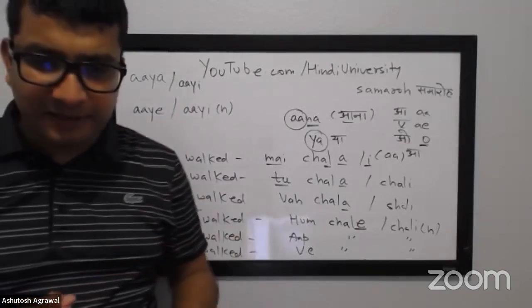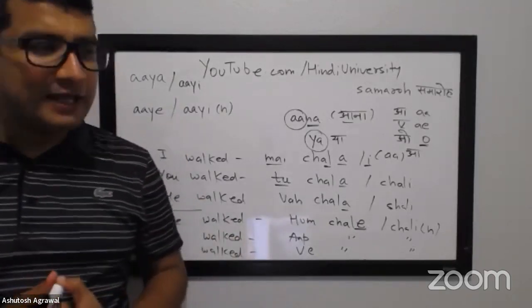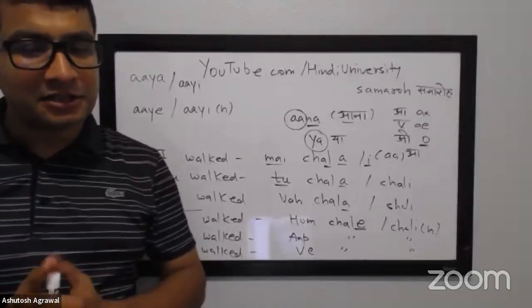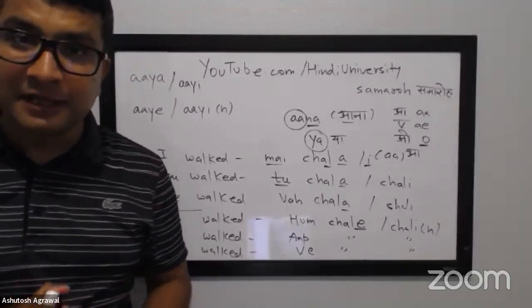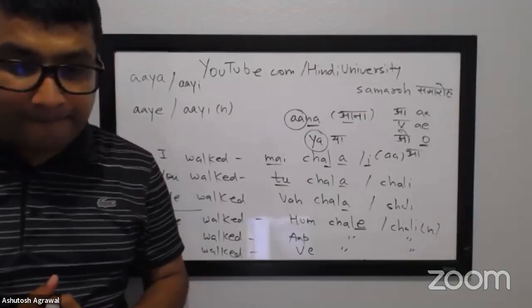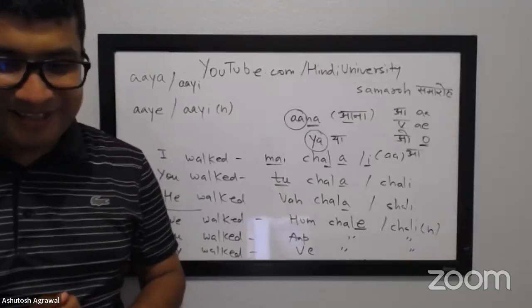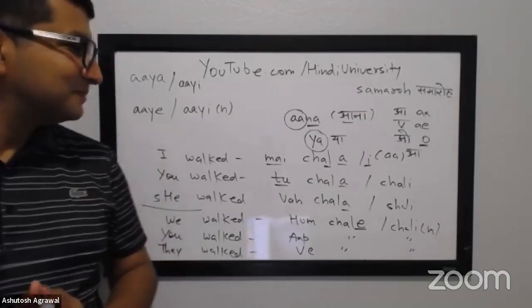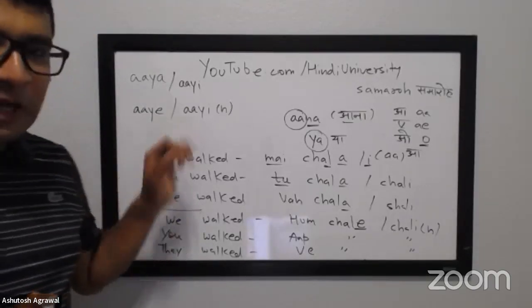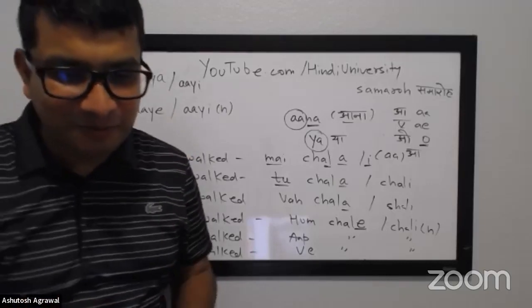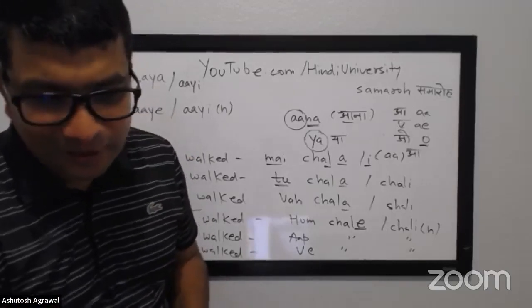You want to give respect? आप आए. Same thing. You want to ask the same thing: when did you come to India? आप कब भारत आए? Beautiful. Good so far, right?